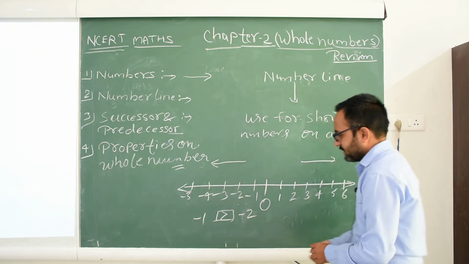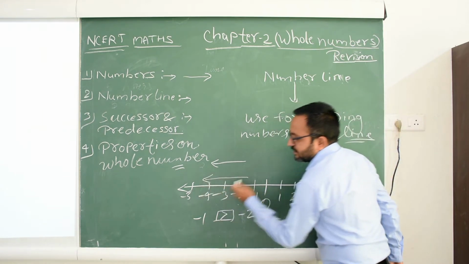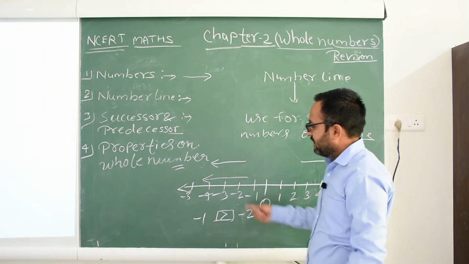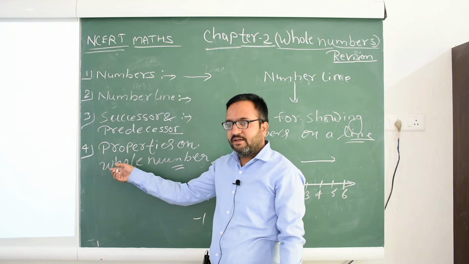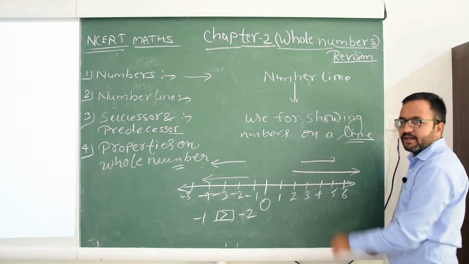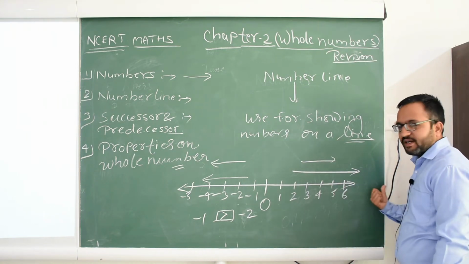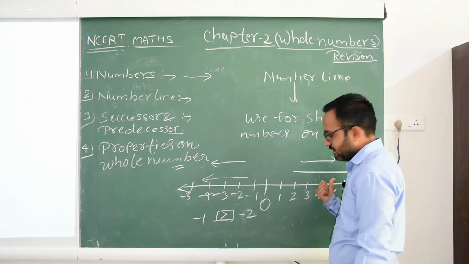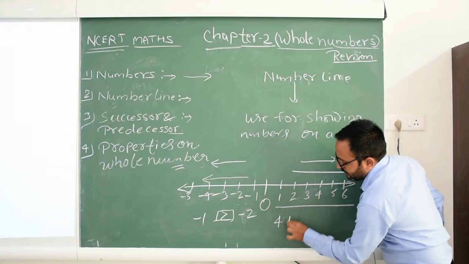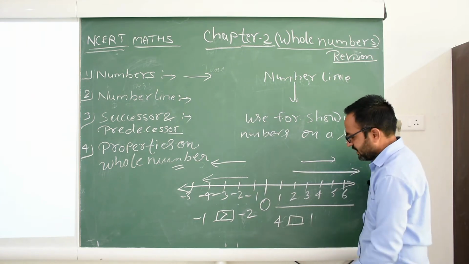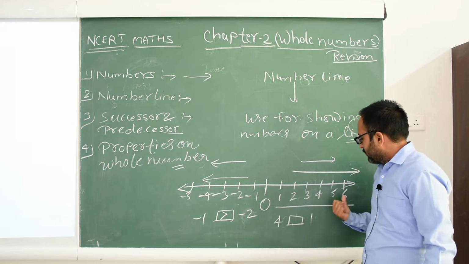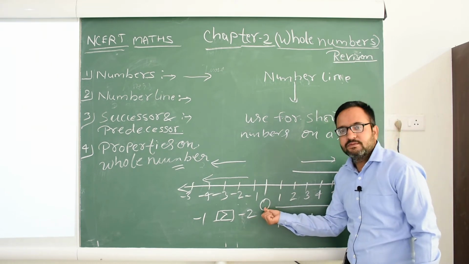Moving toward the right side, we find greater numbers. Now take another example on the positive side: which number is nearest to 0?